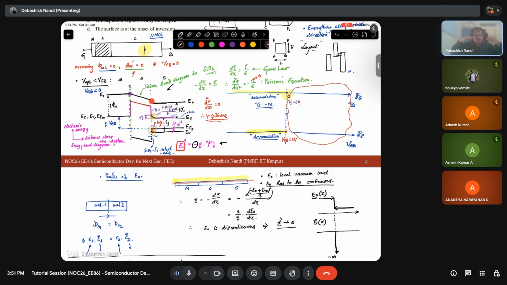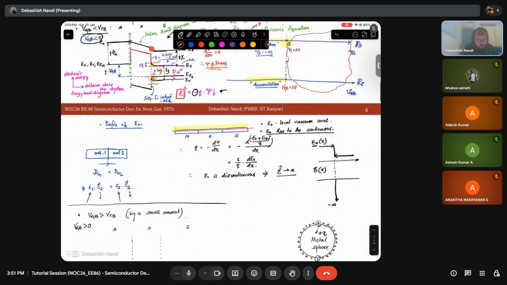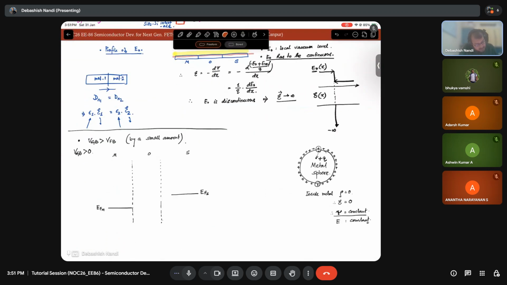So gate Fermi level will be lower than the semiconductor Fermi level, just the opposite case. In the earlier case, I was applying negative voltage. So your Fermi level will be higher. And what about this difference? Again, this difference will be sustained by your QVGB, right? Is it clear with everyone?